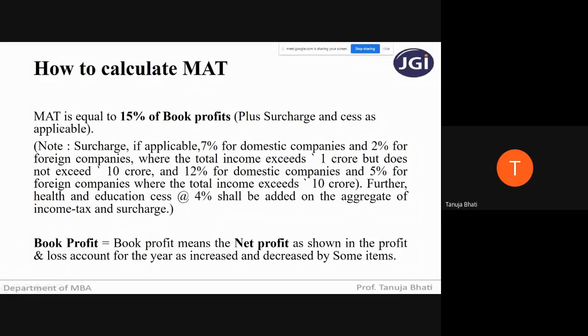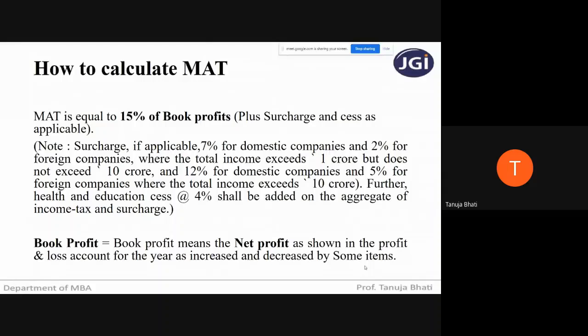So how do you calculate MAT? MAT is equal to 15% of book profits. You all know the 15% is fixed. Now let us see how to calculate this book profit. Book profit means the net profit as shown in the profit and loss account for the year, as increased and decreased by some items.